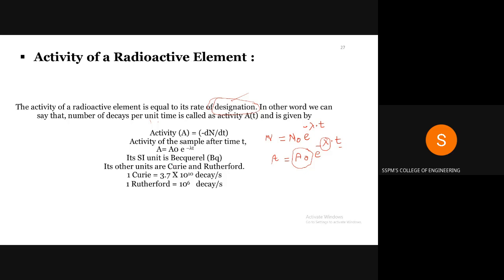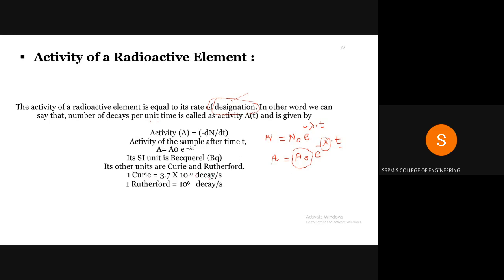The becquerel is a very small unit, so it is converted into the curie, and the conversion is 3.7 into 10 raised to 10 becquerel equals 1 curie.